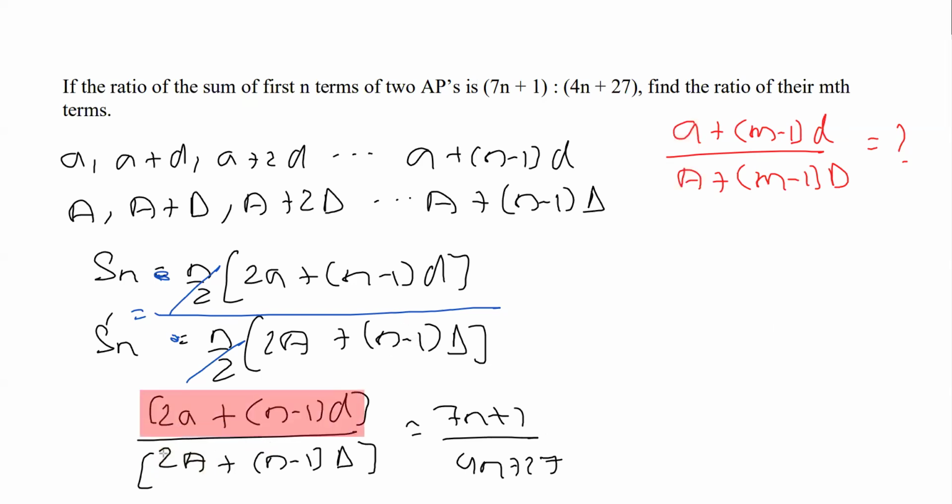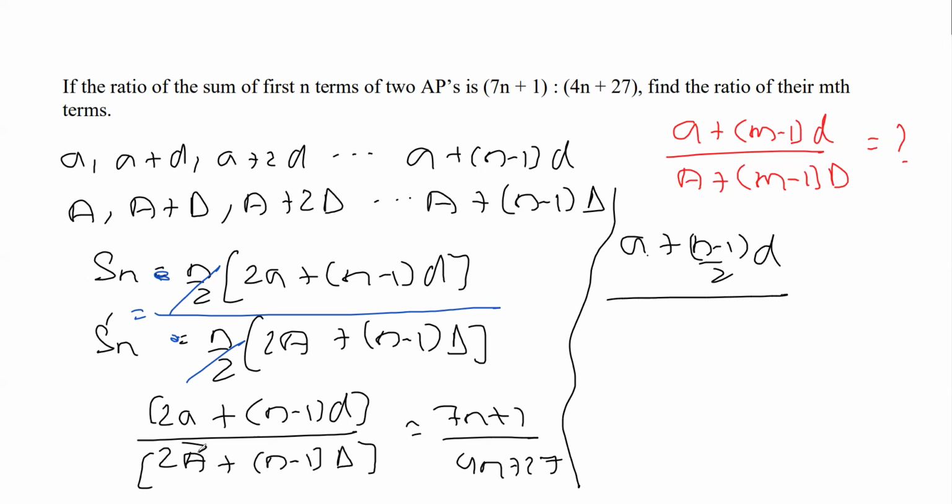So I'm going to divide the numerator and denominator by 2. 2A divided by 2 is A, and the other term becomes (n minus 1) over 2 times D. In the same way, the denominator becomes capital A plus (n minus 1) over 2 times capital D. The RHS has no modification, because we just multiplied and divided by the same number, so it is still (7n plus 1) over (4n plus 27).